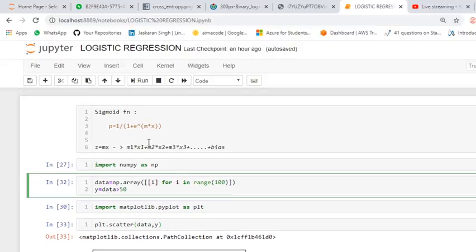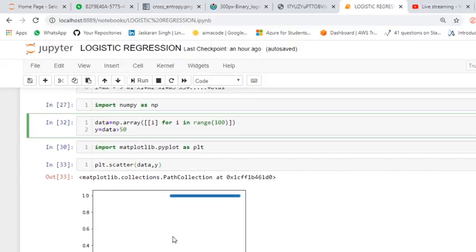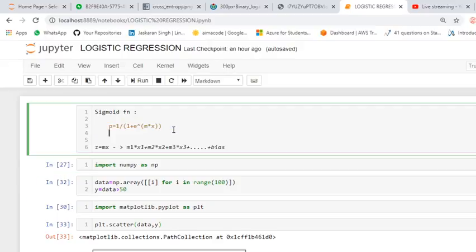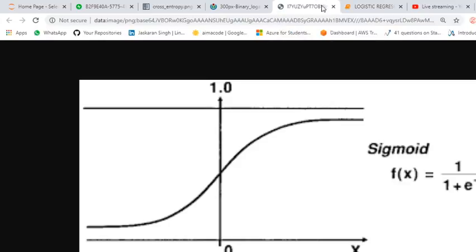Here, the function that is used to predict 0 and 1 to classify the data is the sigmoid function. So this is the formula for the sigmoid function. Let's just look at it. So this is the sigmoid function.